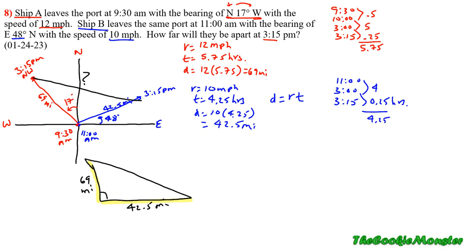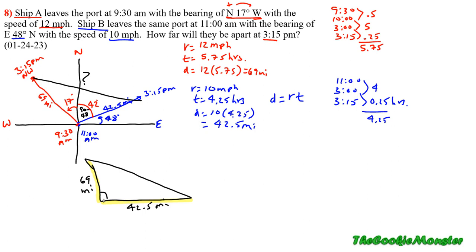Well, we already know that this is 17. This angle is 48, so this angle right here is literally 90 minus 48. If you do 90 minus 48, that will give you 42 degrees.